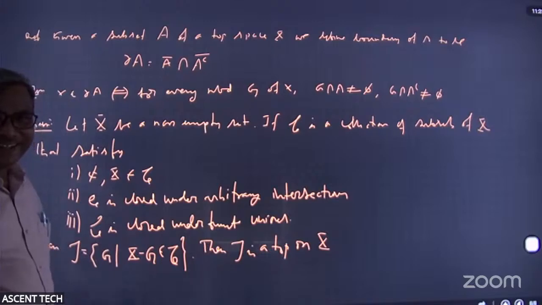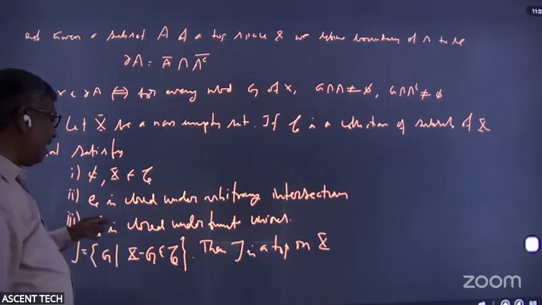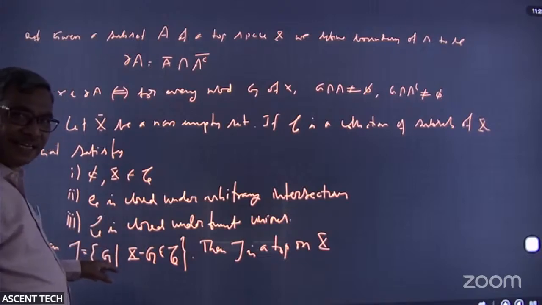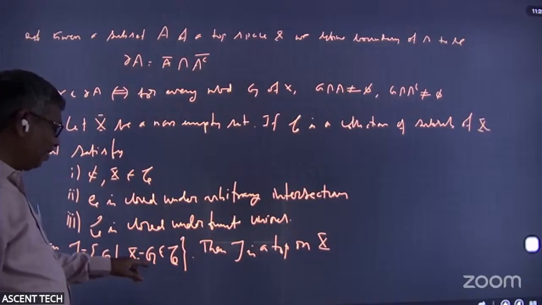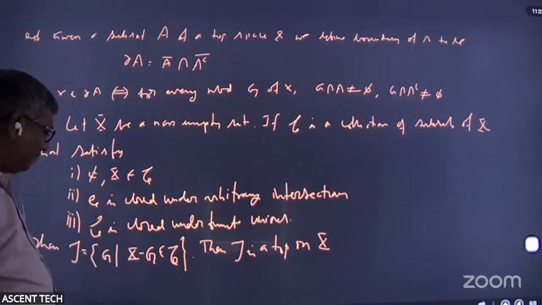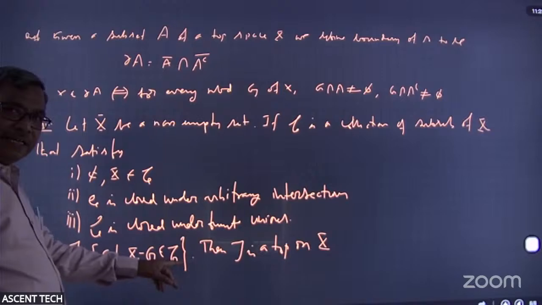Okay. What happens? There are the complements of the members of this. So if you look at an arbitrary union of sets in T, it is an arbitrary union of such X minus G_k's.